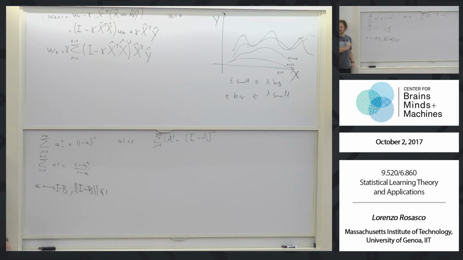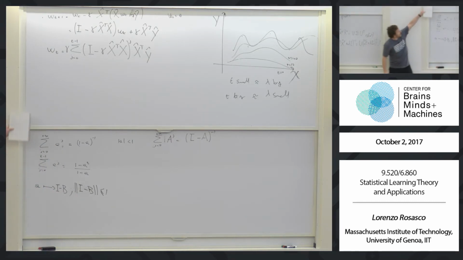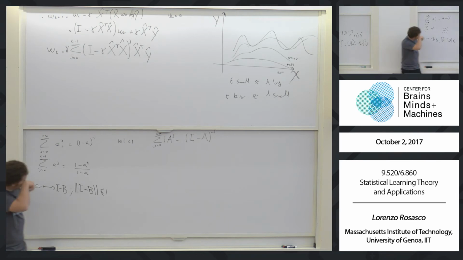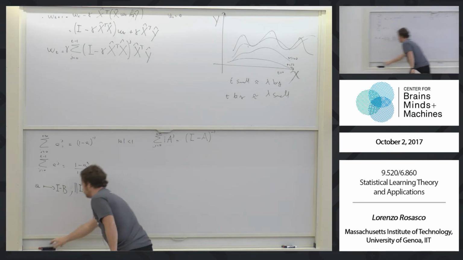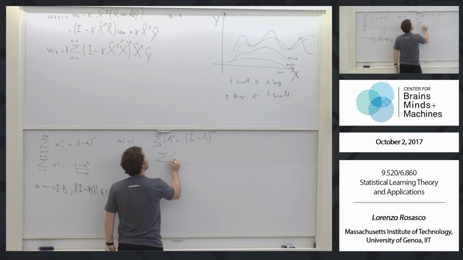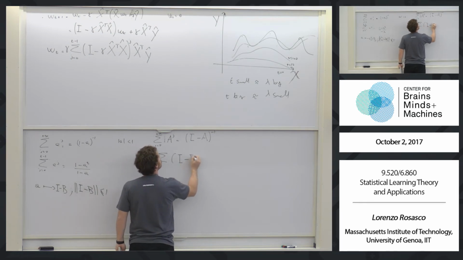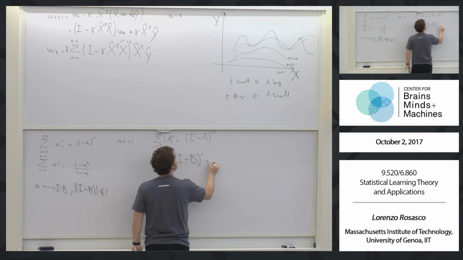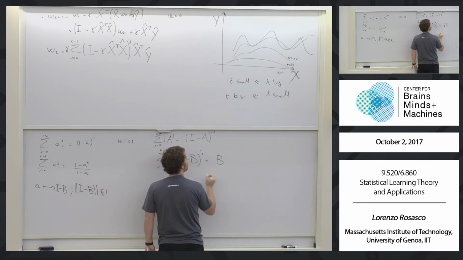What I wrote up there doesn't quite look like that, because the particular matrix I'm taking to a power looks like identity minus something. So let me do it here. What do I get?